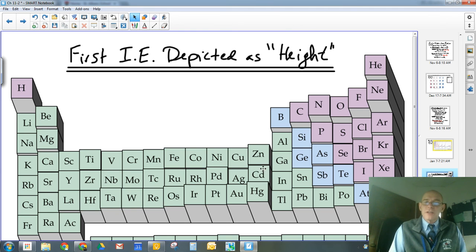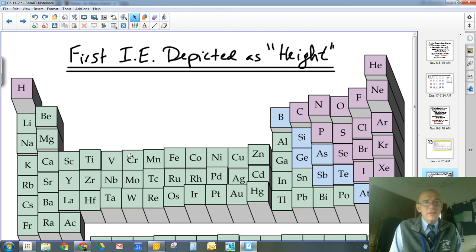There's a couple interesting things here. Notice that zinc and the zinc family have slightly higher ionization energies than gallium and germanium. Remember the stability of having a full D sublevel, 10 electrons in the D sublevel. A stable atom generally has a high ionization energy, meaning it's non-reactive.